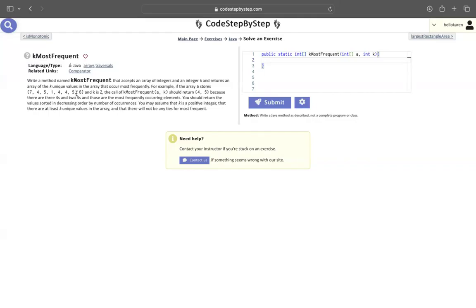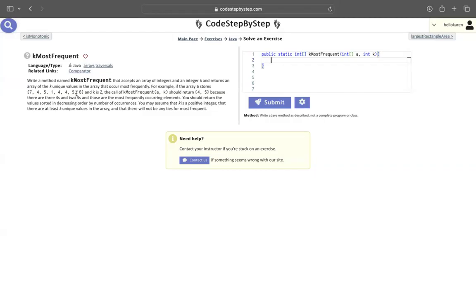So arrays, array lists, and we've covered maps. I don't know if we've covered sets or not, but there are all these different data structures you can use, and they'll make your life easier or harder. But you need to use a data structure for this.